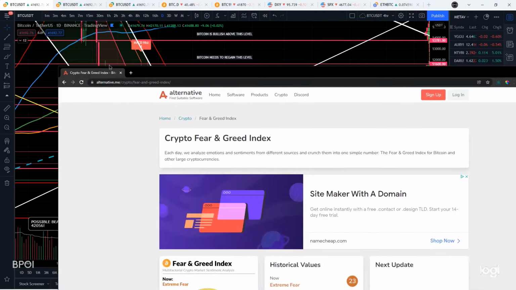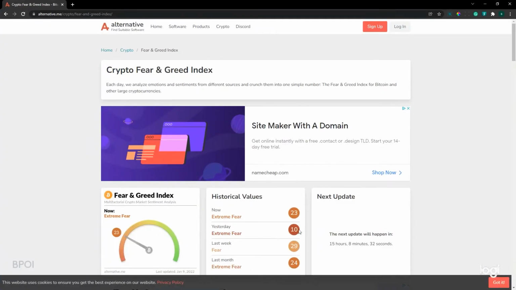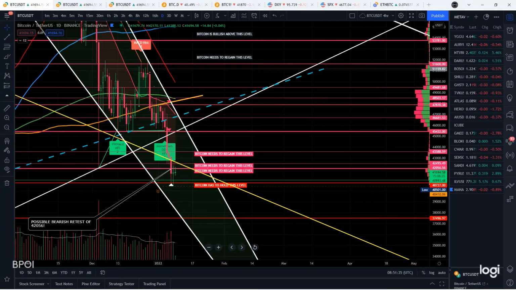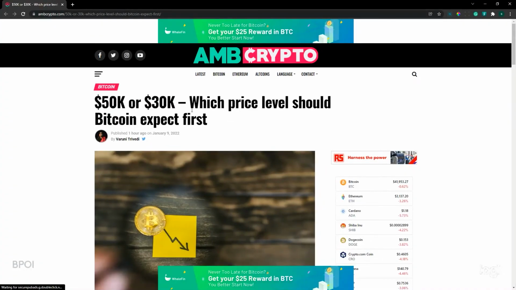Fear and greed has moved up to 23, so it was 10 yesterday, 23 today. Interesting. So not as much fear in the market, despite the cliff edge that Bitcoin is currently sitting on. Let's just have a quick scan of the news. Not too much news regarding Bitcoin at the moment. Just got this one, 50k or 30k, which price levels should Bitcoin expect first.